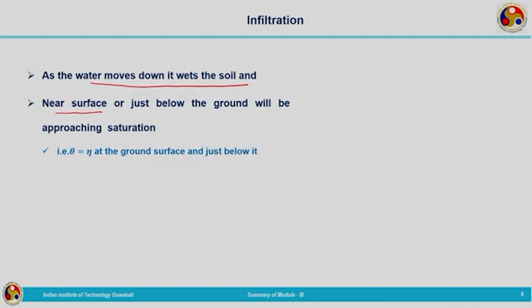As rainfall continues, or we keep watering the agricultural land, the surface soil becomes saturated, having theta equal to eta at the ground surface, and this is termed the saturated zone. We assume the near surface soil will be saturated during infiltration, not at the beginning, but after some time.